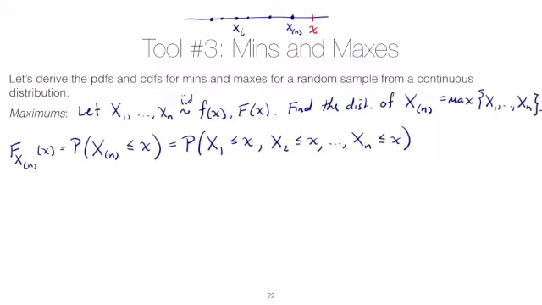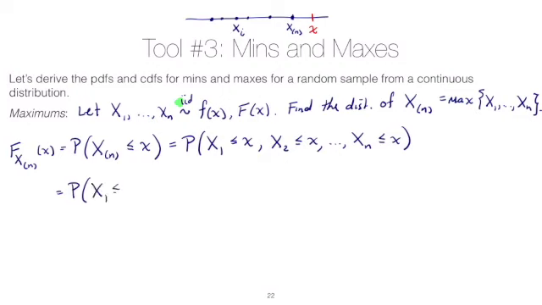We don't know the distribution of the max, that's what we're trying to find. But we do know the distribution of each one of these xi's. And the fact that we have independence means that we can multiply the marginal distributions together.